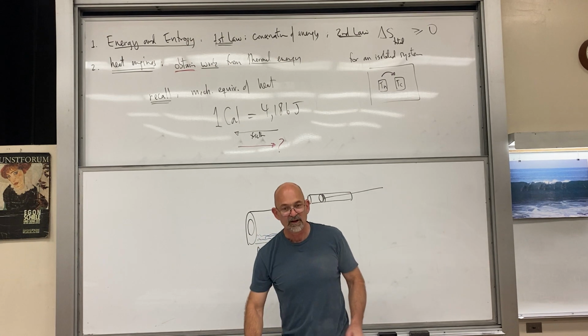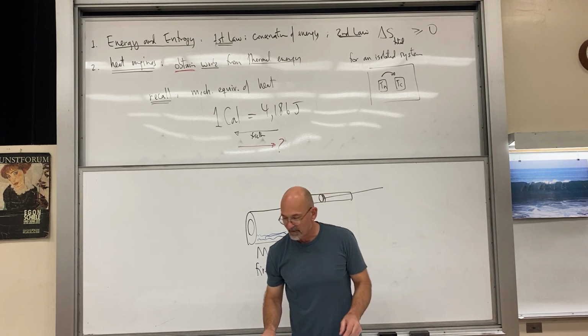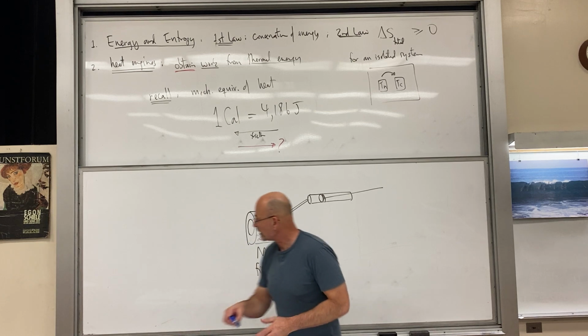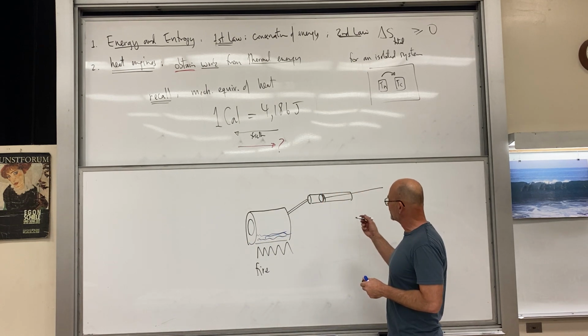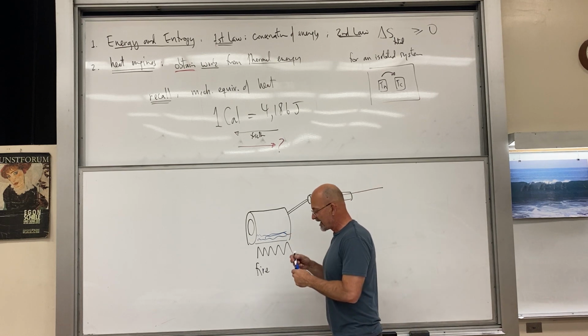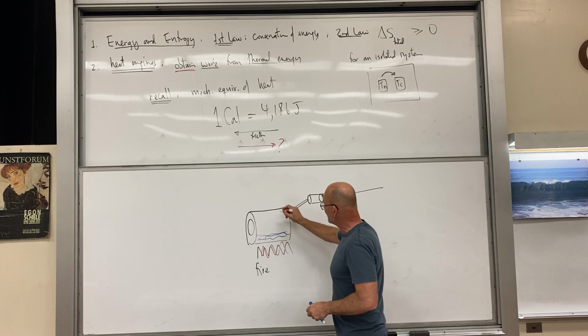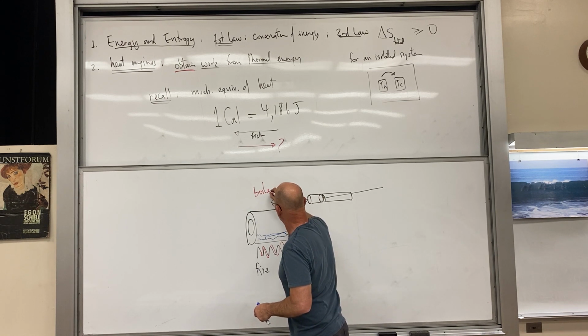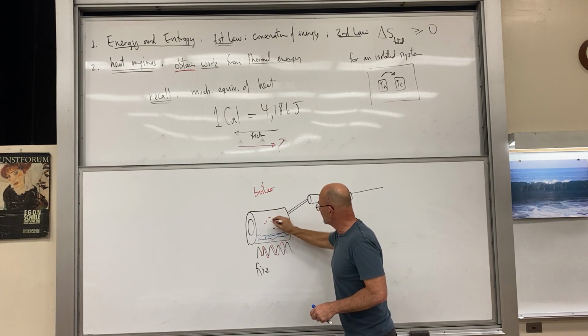So that was a functioning steam engine, but it's not the only type of heat engine. But for the moment, I'm just going to label this a bit. So we have fire down here, we have a boiler, and there is water vapor in here.